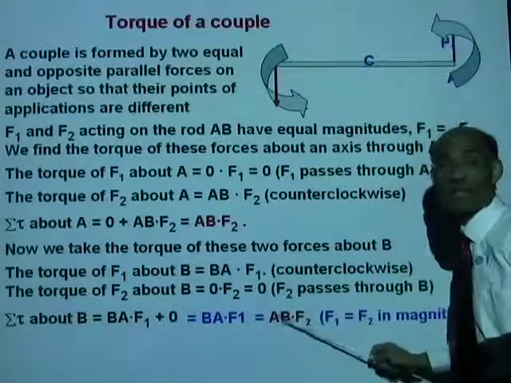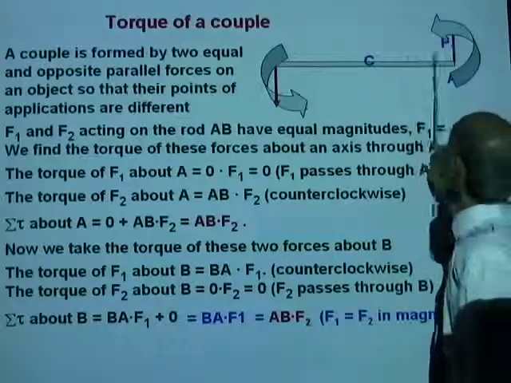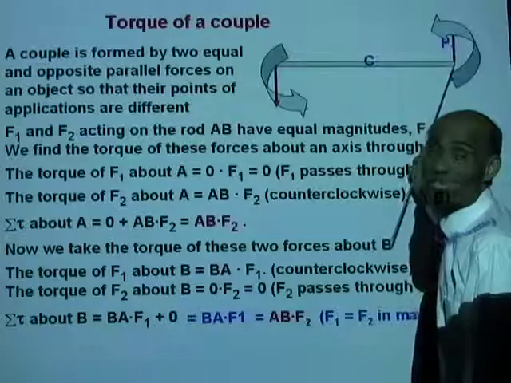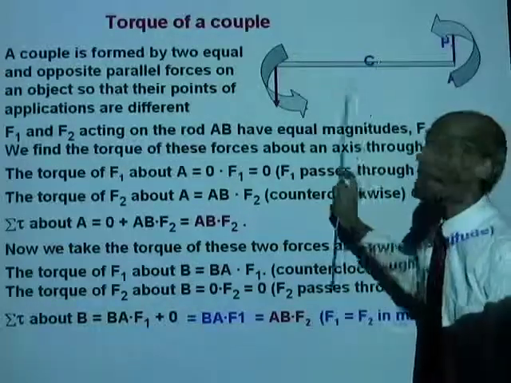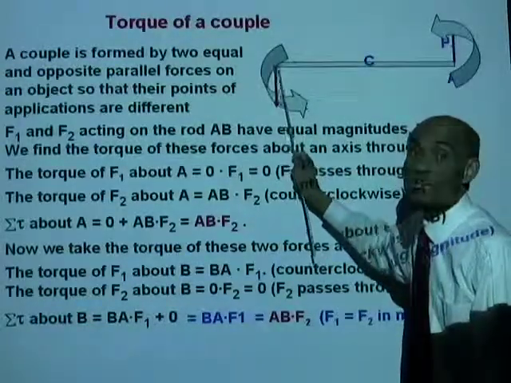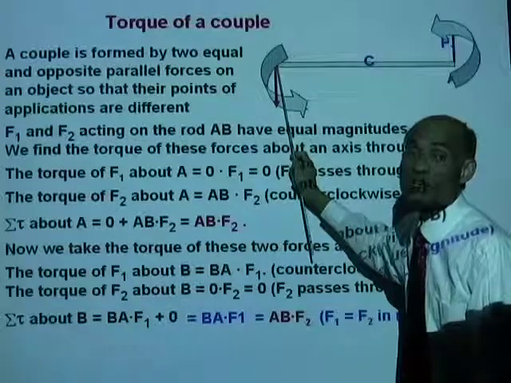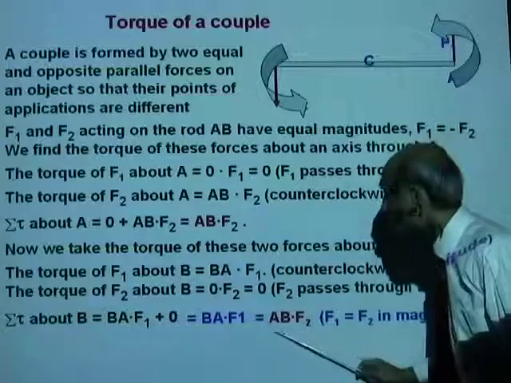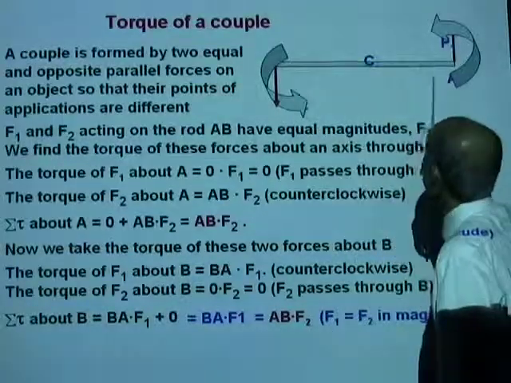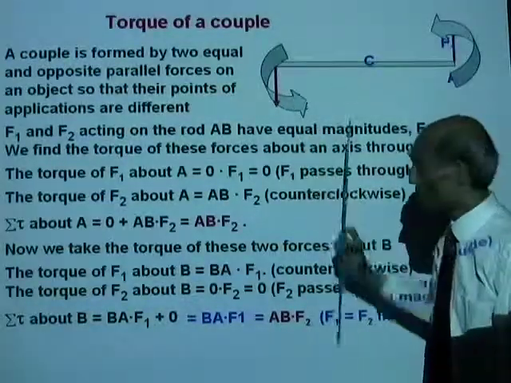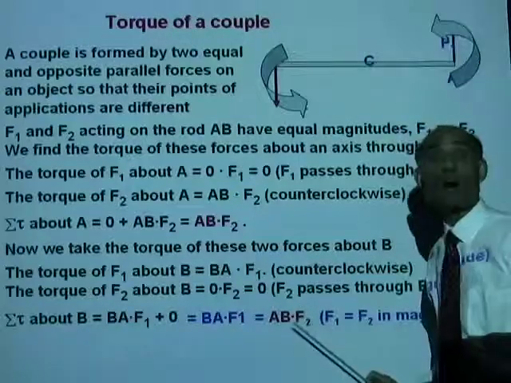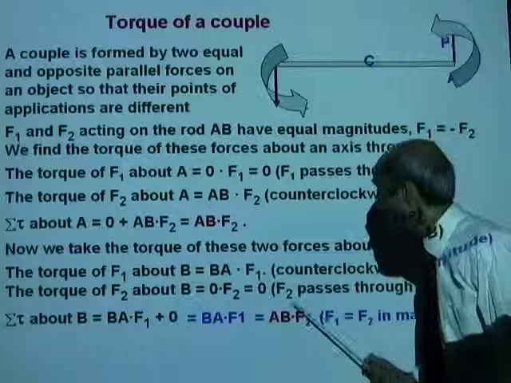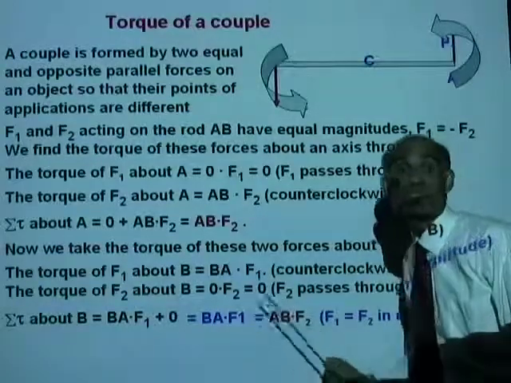You see that? So the torque of these two forces, whether you take it about point A or about point B, will always be equal to the torque arm, the distance between the forces, multiplied by one of the forces. Now remember, F1 is the same as F2 in magnitude.